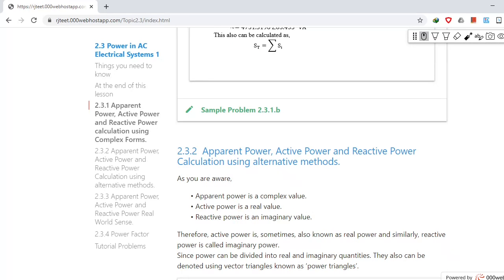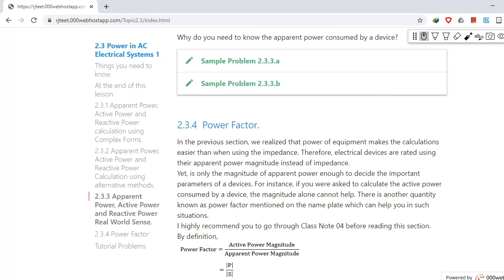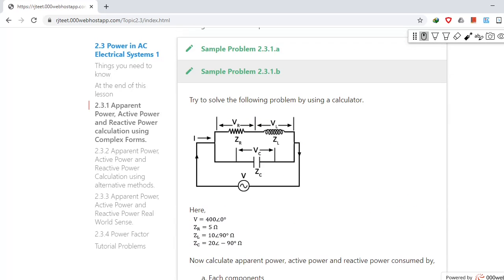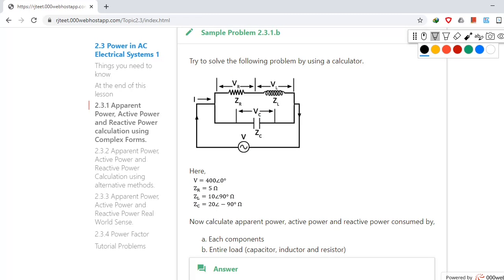Now let's try to answer our next problem, which is problem 231b. It's again a problem that we have already analyzed in the previous section, and ultimately we have been given the voltage value and the impedance values of each component.